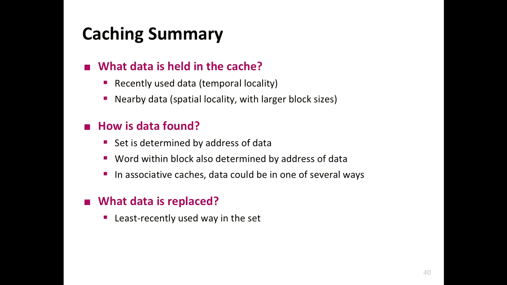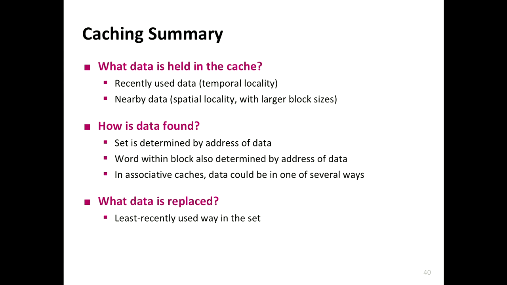So that kind of comes almost to the end of caches. In general, to summarize caching itself, we wanted to answer 3 questions. What data needs to be stored in the cache, which is basically leveraging these 2 locality principles, temporal as well as spatial. How data is found in the cache, because when you read data, the address of the memory doesn't match the address of the cache lines.